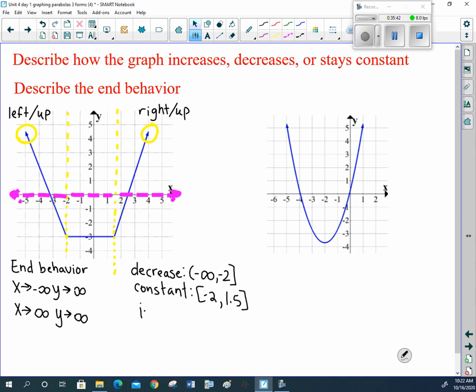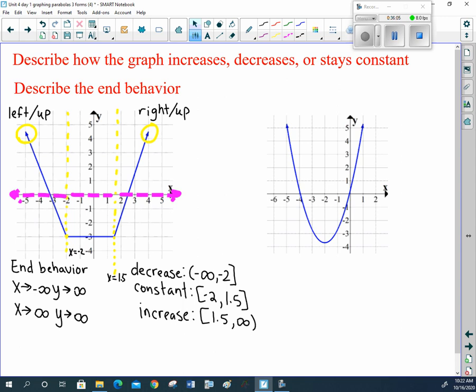And then it looks like I'm increasing from 1.5 to infinity. So remember, these little dotted lines at x equals -2 and at x equals 1.5, that's what you're going to use in your statement over there on the right.